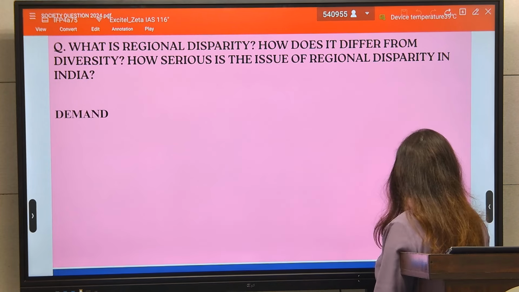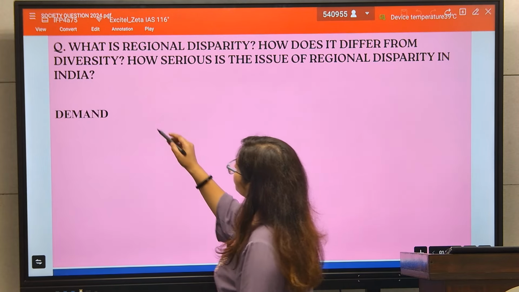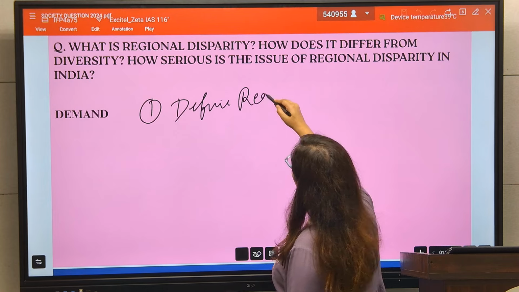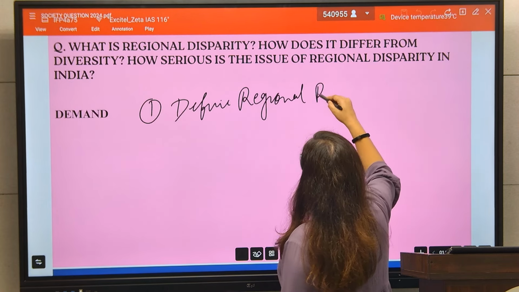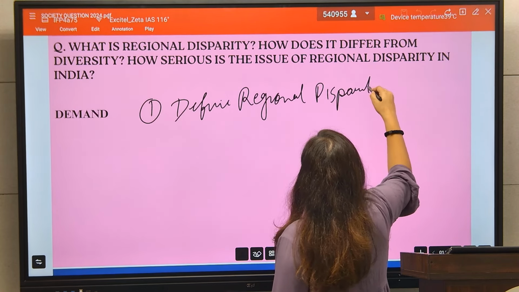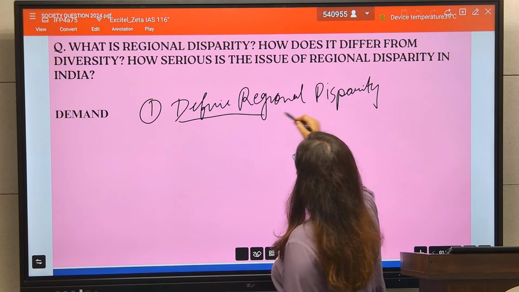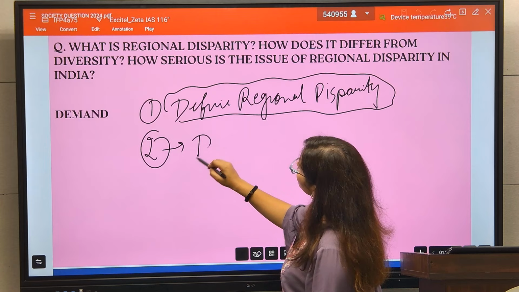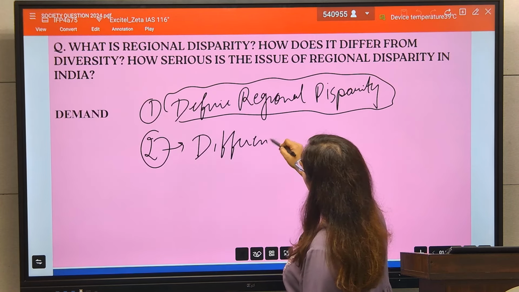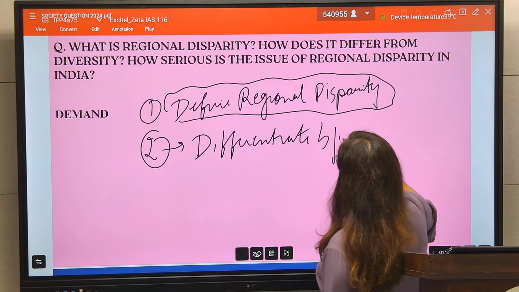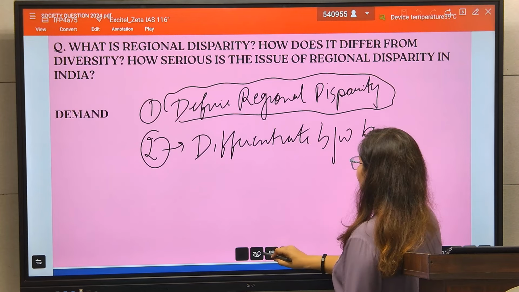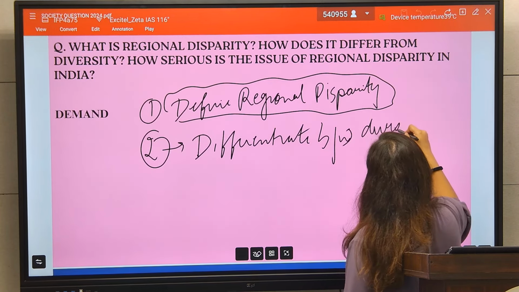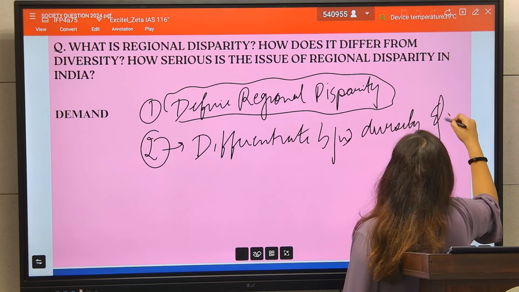So what's the demand of the question? First, you have to define regional disparity. Second, you have to differentiate between diversity and disparity.